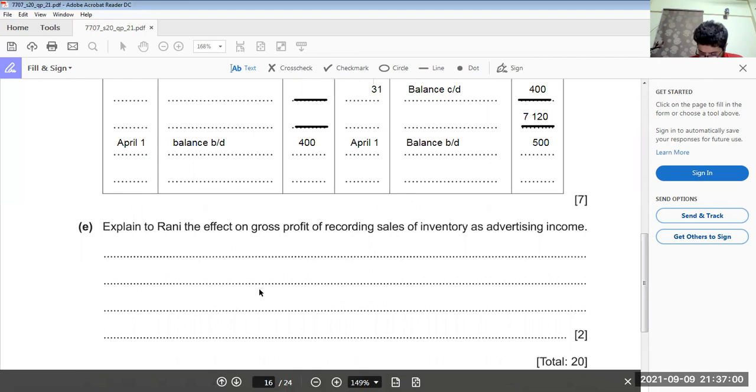Explain to Rani the effect on gross profit of recording sales of inventory as advertising income.